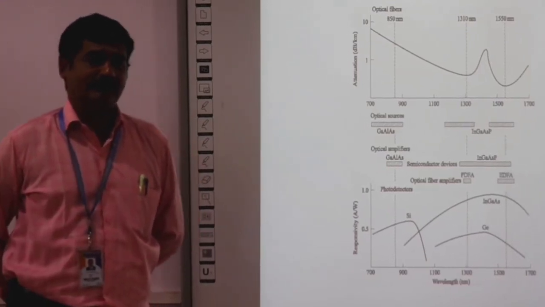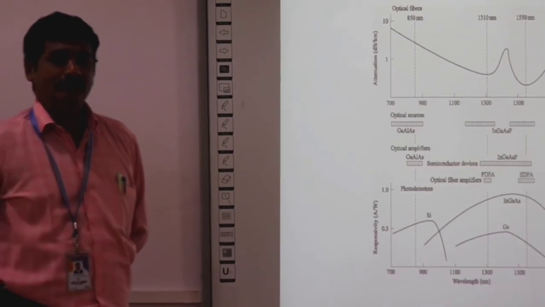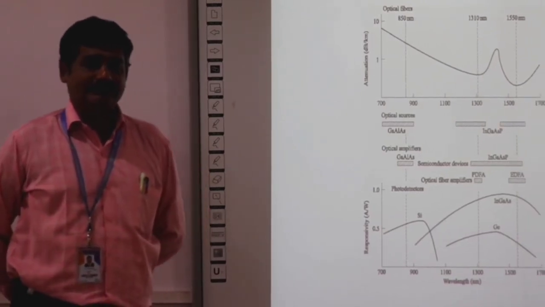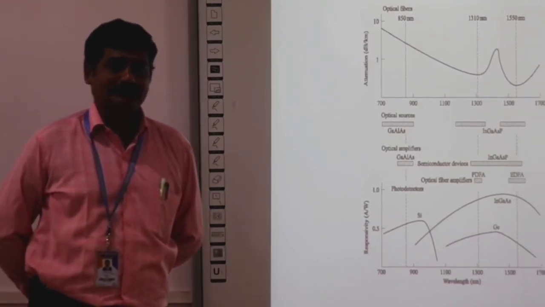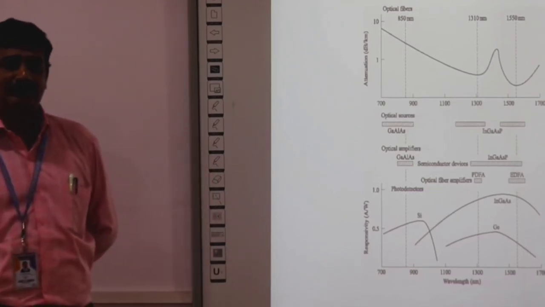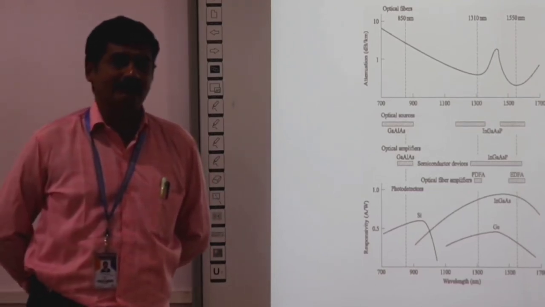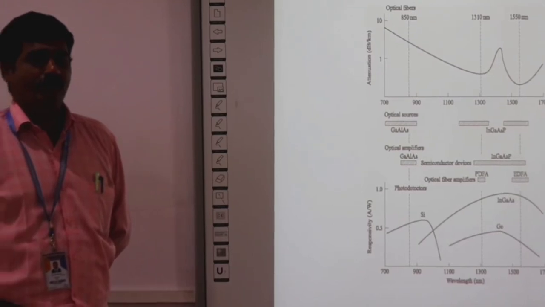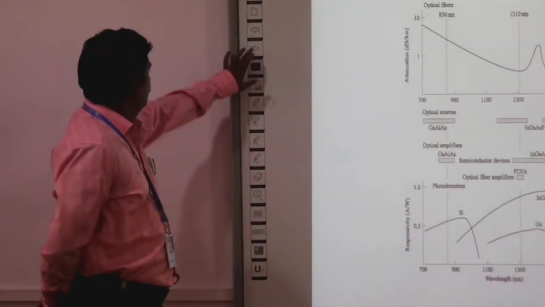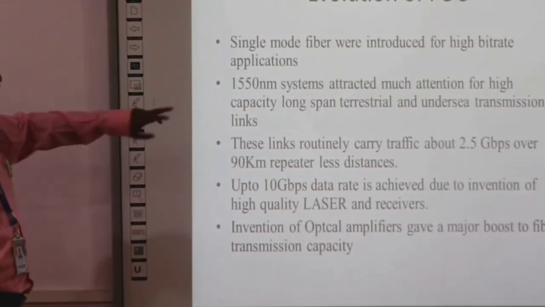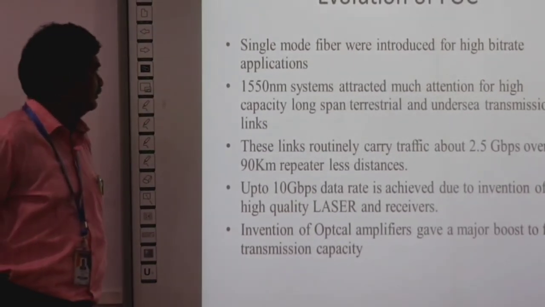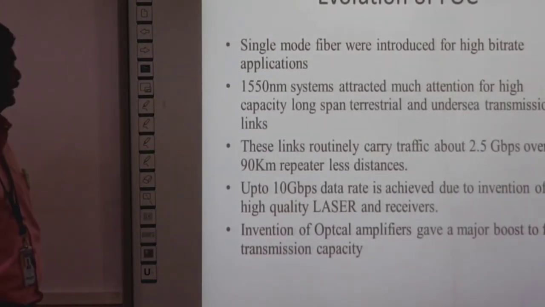Whenever we come across fiber optic communication, you should know it is especially for long distance communication because of the very low attenuation level. So this is about the evolution of fiber optic communication.